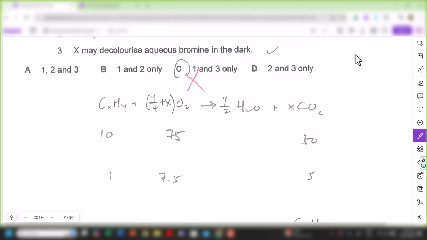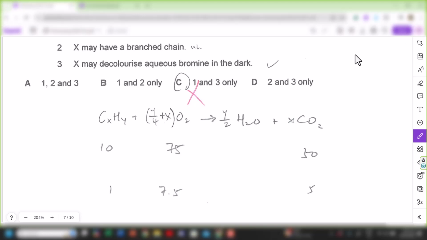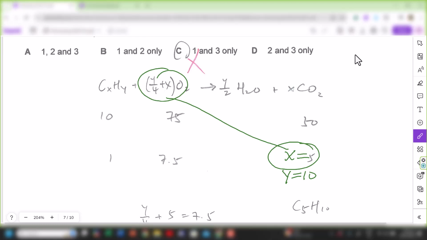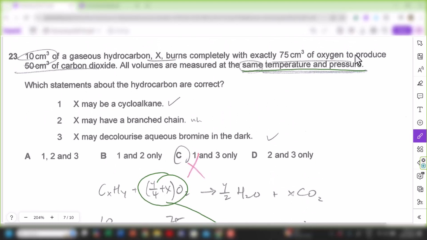Students work it out over here. The ratio is 10, 75, 50. We divide by 10 throughout, so we get 1, 7.5, and 5. Therefore x is equal to 5. We substitute x equals 5 over here, so we get y is equal to 10. From here we can easily get the molecular formula of X.